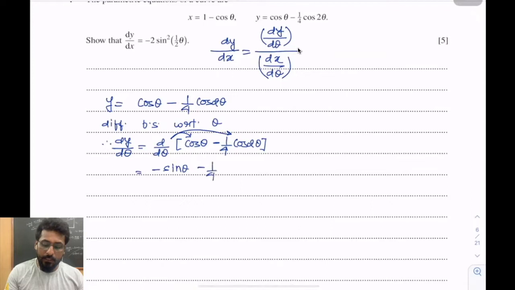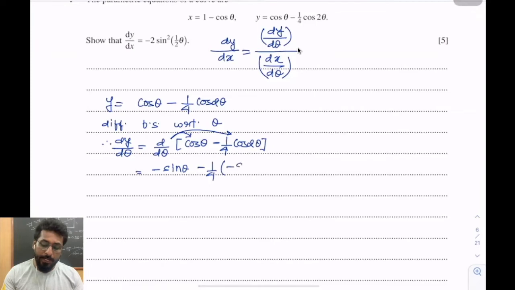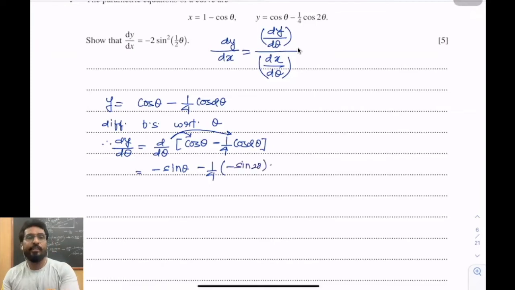Then I have minus 1 upon 4 times the derivative of cos 2 theta. So what's the derivative of cos theta? It was minus sin theta. So the derivative of cos 2 theta is also going to be minus sin 2 theta into again the derivative of 2 theta, right? That's what the chain rule is. That's what the composite functions differentiation is, isn't it?